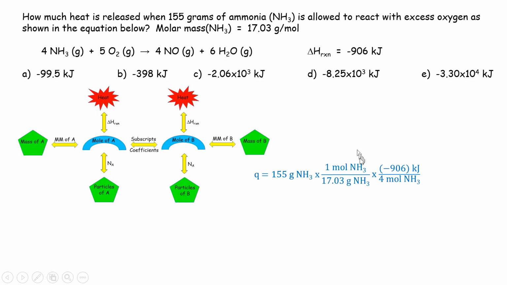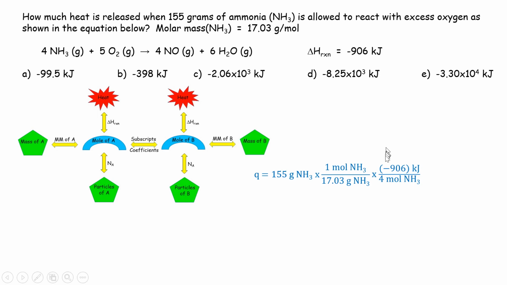So convert from moles of ammonia, placed on the bottom, to heat, kilojoules, on top. In the conversion factor, for ammonia we take the coefficient, 4 moles. And for the heat, we just use that delta H of reaction. And don't forget the sign. Okay, that's it.